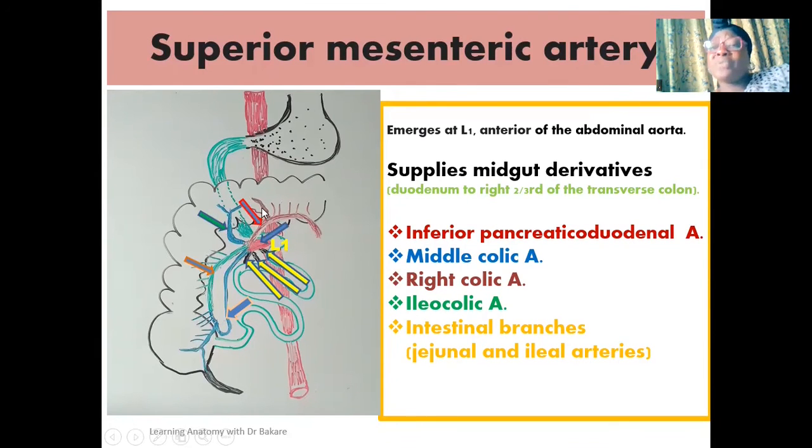So you should be able to state the specific regions and also the branches from the superior mesenteric artery that give supply to these specific regions, in case you are asked during exam. Also to add that 2 out of the 5 branches of the superior mesenteric artery also give supply to specific regions of the small intestine, and this includes the inferior pancreaticoduodenal artery and also intestinal branches.